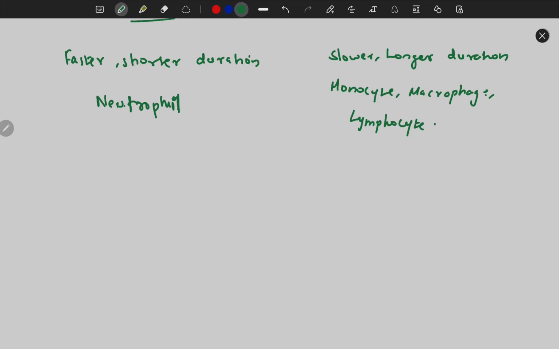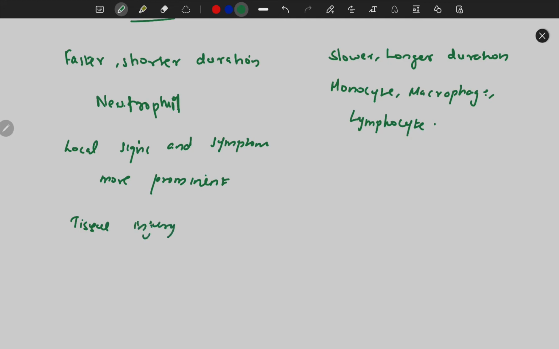So in acute inflammation, the local signs and symptoms will be more prominent, but the tissue injury and the fibrosis will be comparatively less as compared to chronic inflammation.